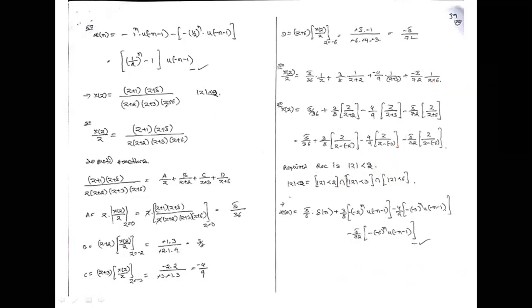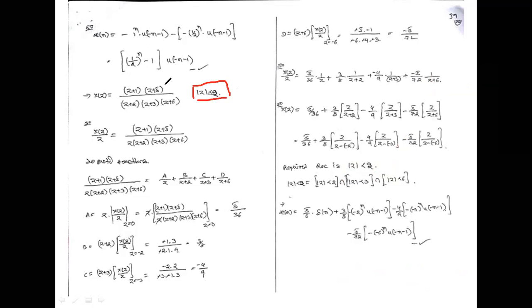The next example. X of z is equal to z plus 1 into z plus 5 whole divided by z plus 2, z plus 3 and z plus 6, with ROC less than 2. Now, x of z by z, there is no z here.